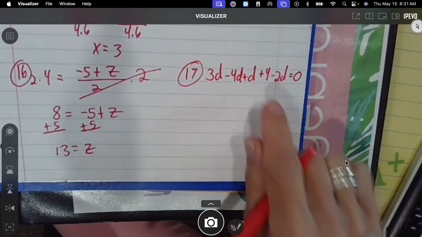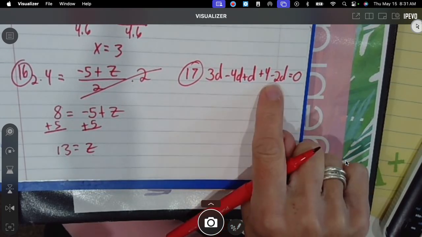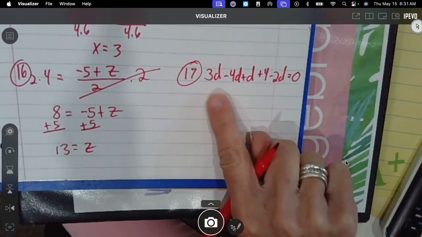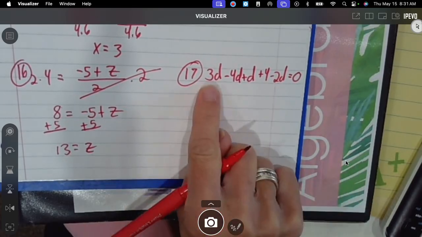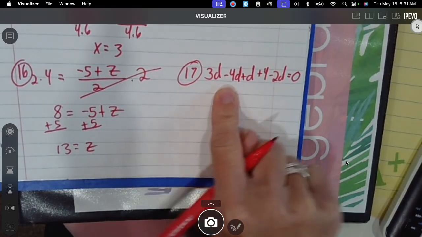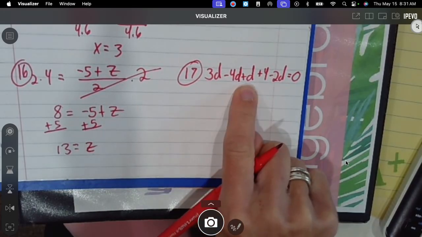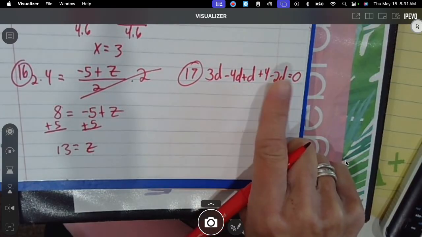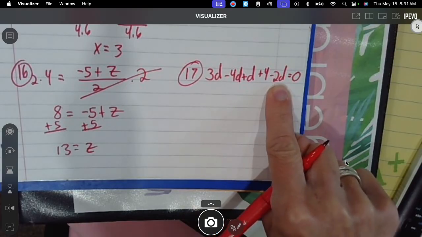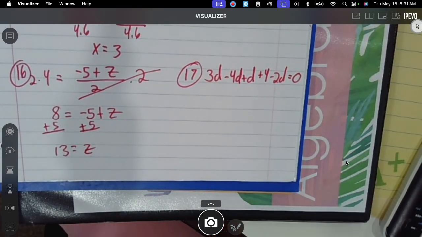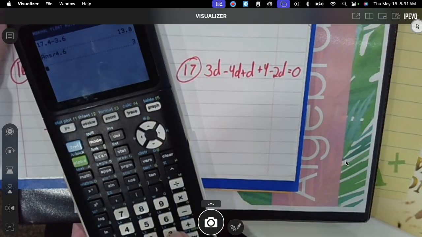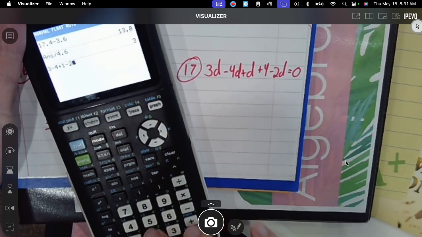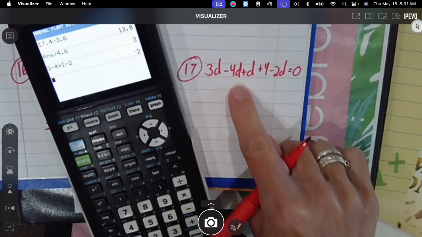Everybody's good? Okay, so on this one, I've got several D's. So I'm just going to take all the numbers, that's the coefficients, that are in front of them, and do whatever it says. Like this one is 3. What does this say? -4. What does this one say? +1. There is a D there. +1. And then I'm going to skip that one and -2. Is everybody okay with that? I'm ignoring the 4. It doesn't have a D. So I'm just going to enter that in. I'm going to press 3 -4 +1 -2. Did everybody do that?